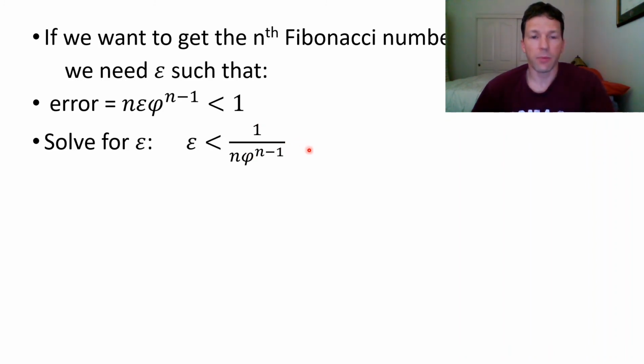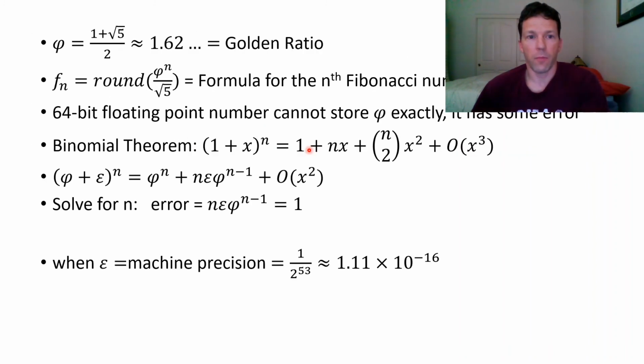And so that explains the problem here: what we want is an exact formula for the golden ratio to the nth power, but because we can only store a finite number of digits, we have this little error polluting our exponential, and so this is the exact correct answer and this is the error.